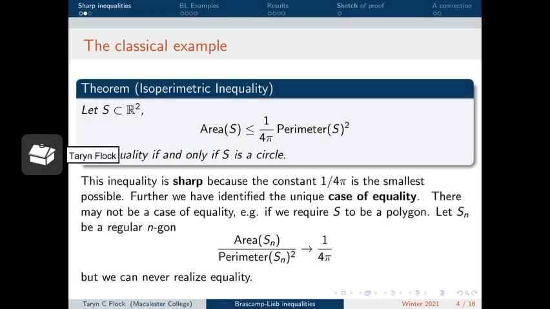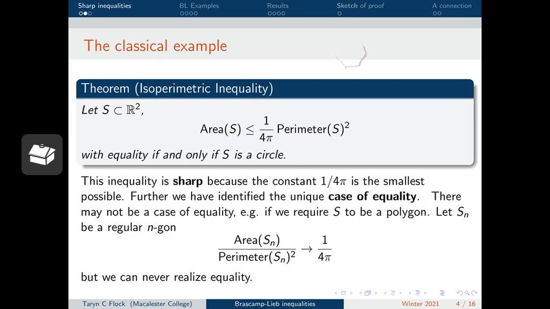It's worth noting that the case of equality may not always exist. If I limit my shapes to polygons, well then I can get closer and closer to this pi r squared circle story by taking more and more and more sides on my polygon, but I'll never actually achieve equality.